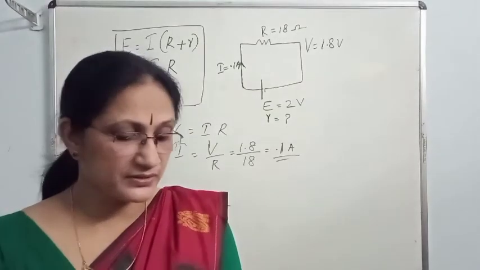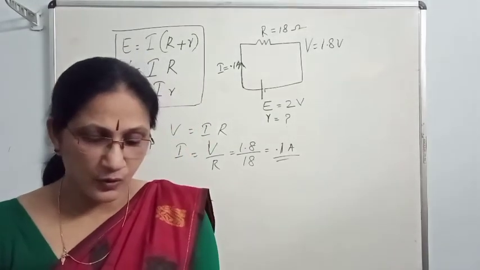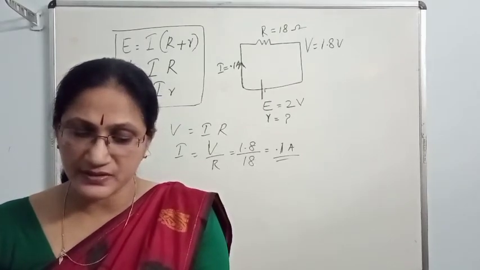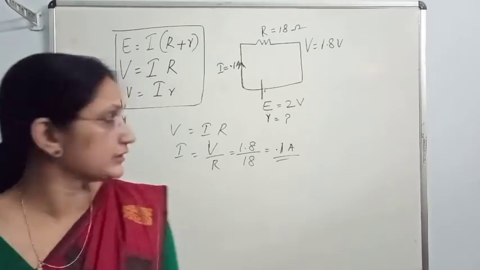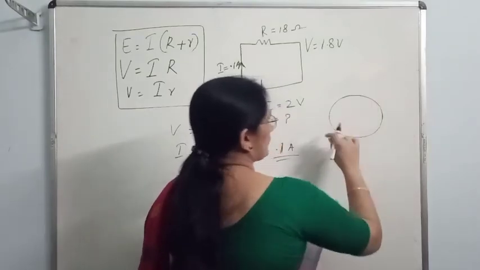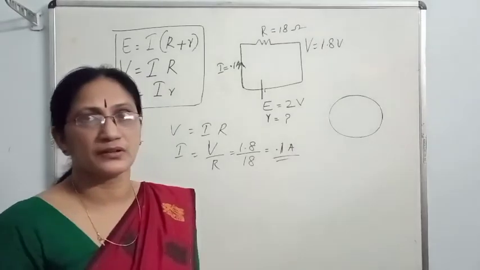Now next question 3. A wire of resistance 20 ohm is kept in circular form. Calculate the equivalent resistance between the ends of the diameter of the circle. With a wire of 20 ohm resistance, a circle is made.